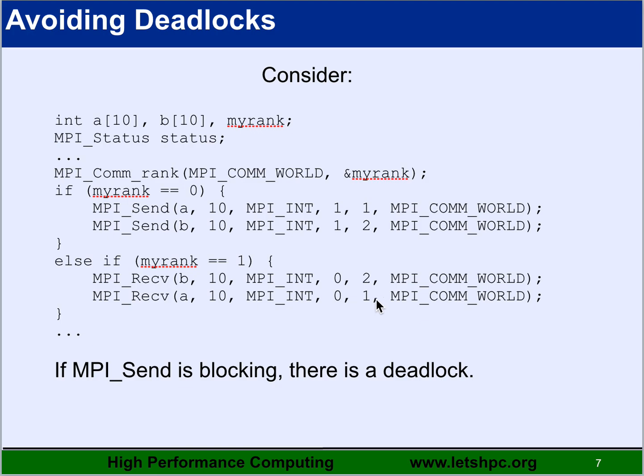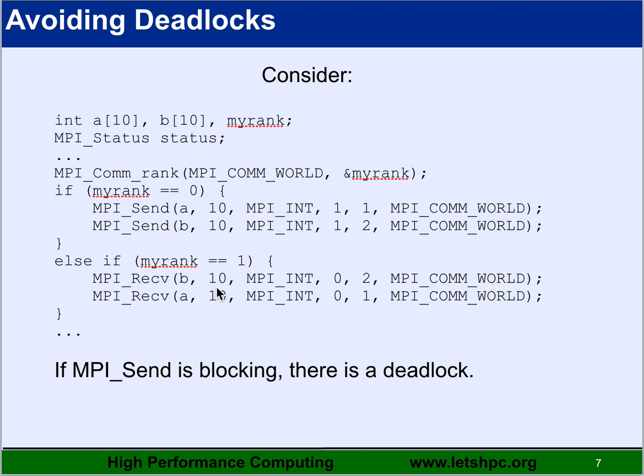Now the problem is, since MPI send is blocking in nature, once this call has been initiated, it will get blocked unless it is properly received by process 1.